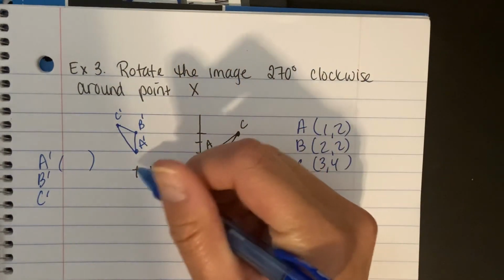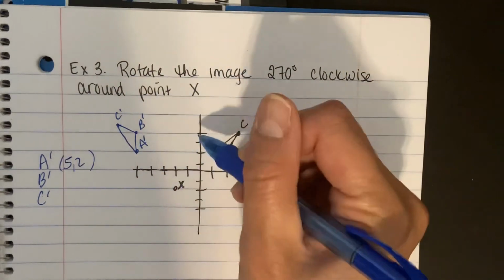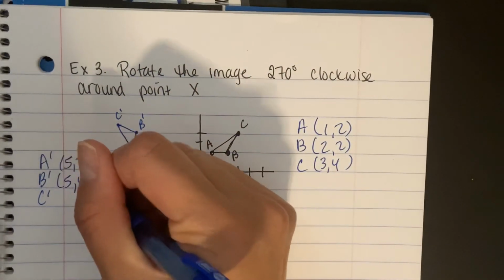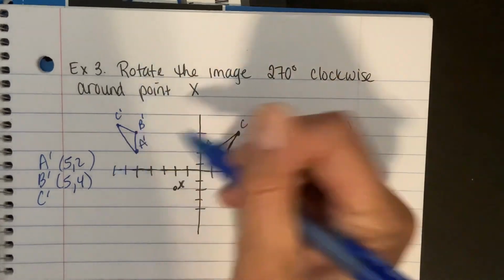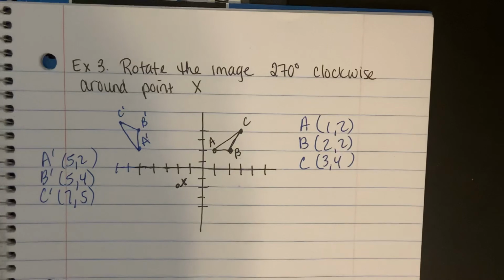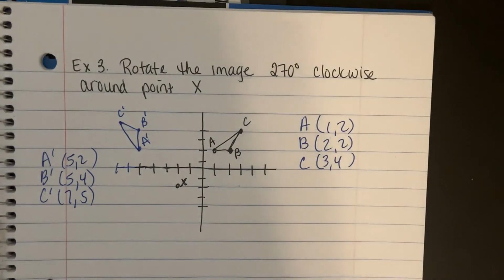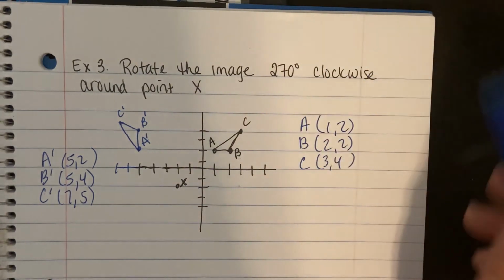Maybe (2, 5), (5, 4), and maybe (7, 5). If I made you do this, I would give you graph paper if this was a test, so don't freak out if it's kind of weird. As long as you can get to this point, I'd be fine with it.